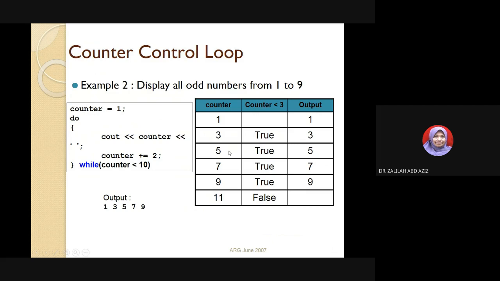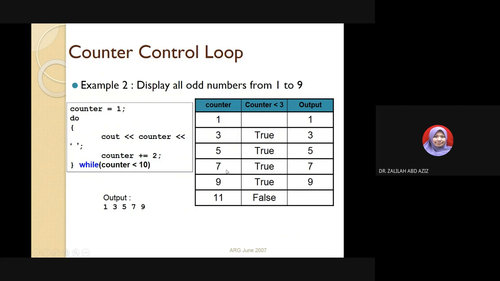Now plus 2 lagi 5. Adakah 5 less than 10? Ini also, this one is patutnya 10 counter 10. Ini saya ambil daripada mana punya slide ni, terlupa update ni. Okay, sekejap lagi saya akan tukar. Okay, now so true 5.